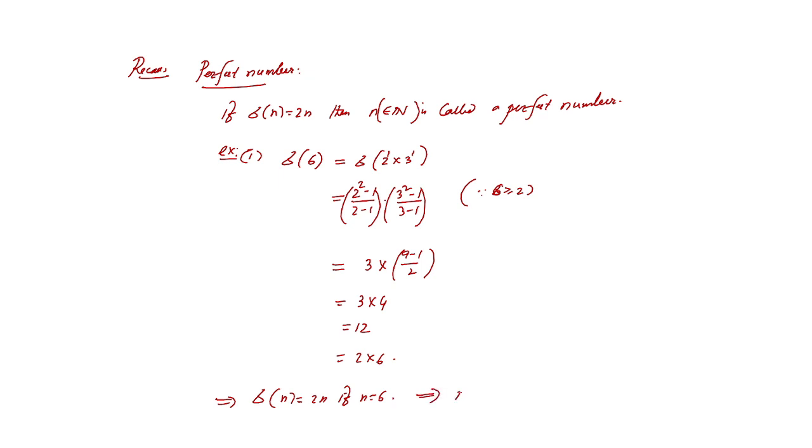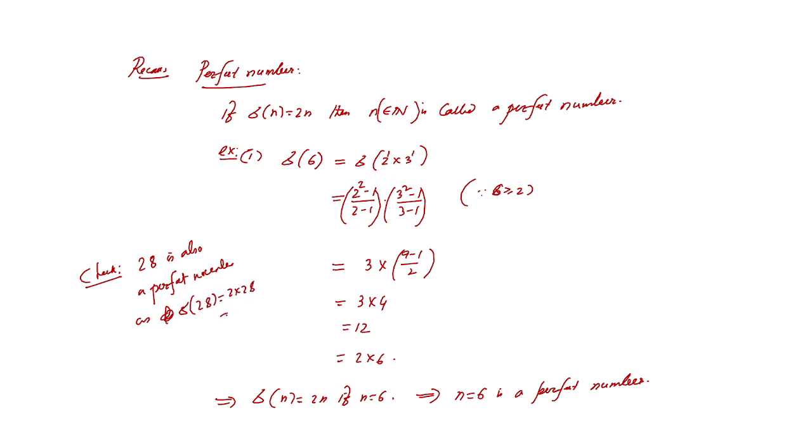That means n equals 6 is a perfect number. Similarly, you will check, this is the first perfect number. 28 is also a perfect number, as sigma of 28 will be 2 into 28, that means 56.